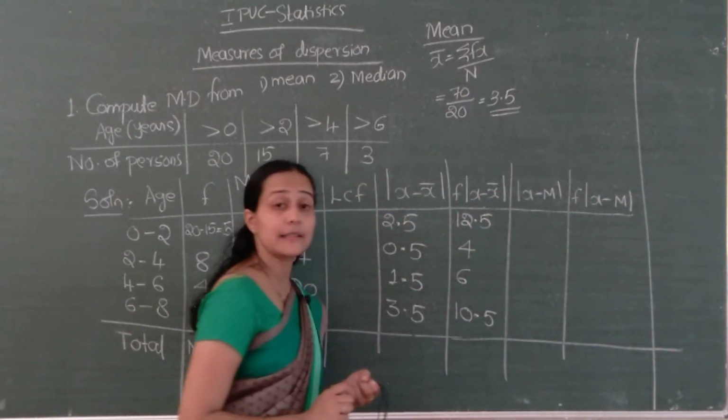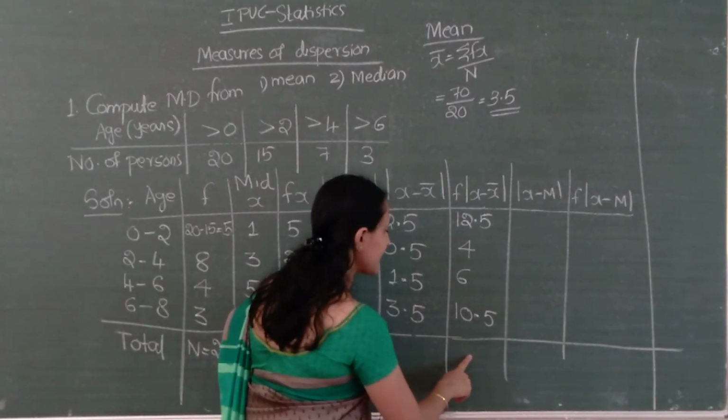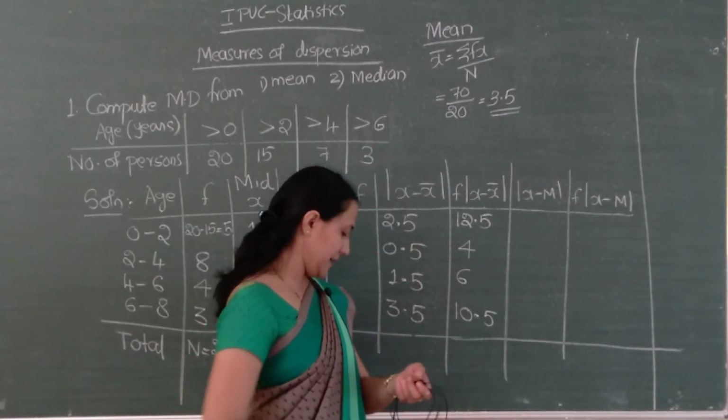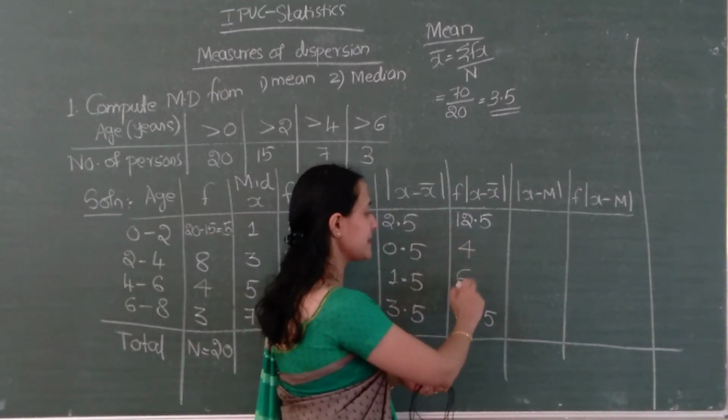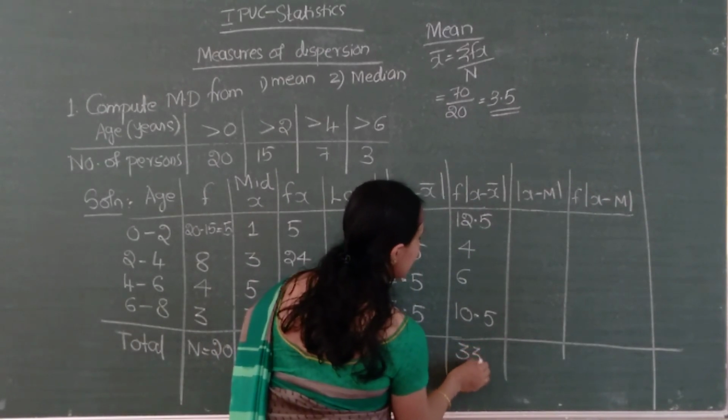Clear? This total is required to compute our mean deviation from the mean. So it is 12.5 plus 4 plus 6 plus 10.5. Sigma f into mod x minus x bar is 33.